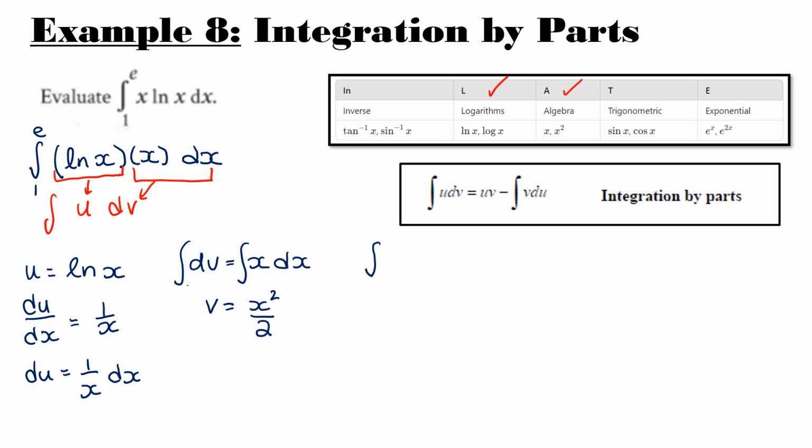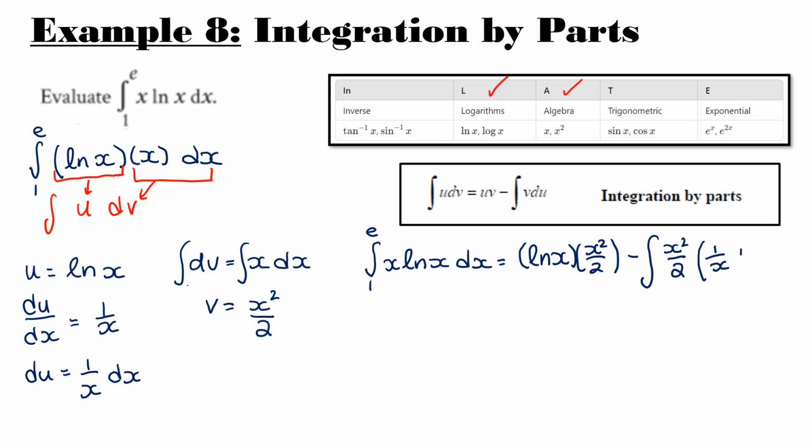So now we're looking to find the answer of x ln x dx. So we're going to sub in our u, which is ln x, times v, which is x squared over 2, minus the integral of v, which is x squared over 2, times du.